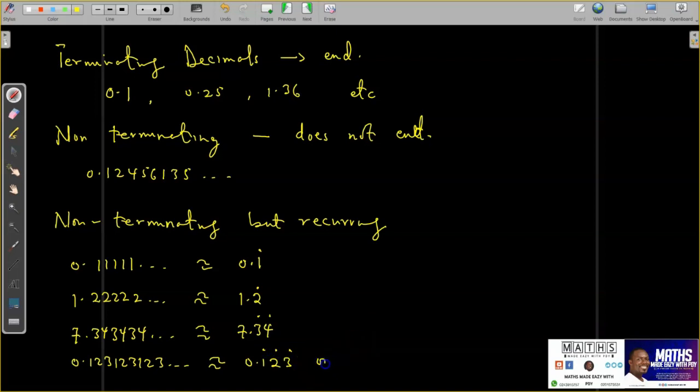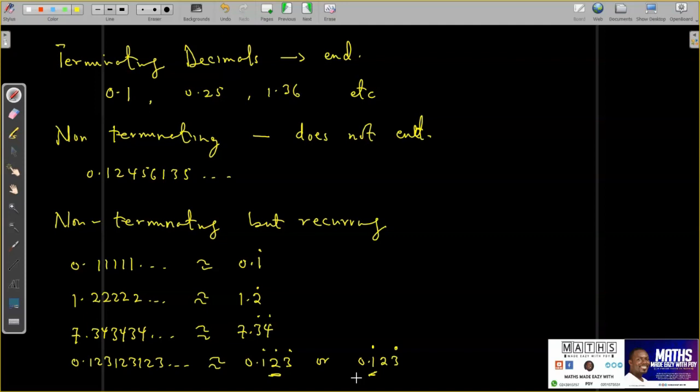Or you can write it as 0.123 with a dot on top of the 1 and the 3. Now, when you write it in this form, it still means that the 1, 2, and 3 are all recurring. So either you write it in this form or that form, it still means the same thing. Please, are we all clear? Yes, please.